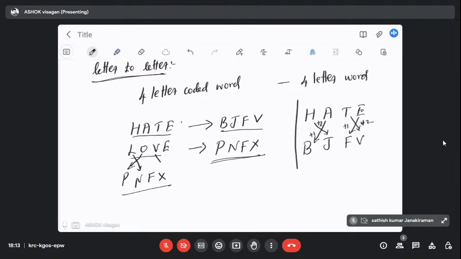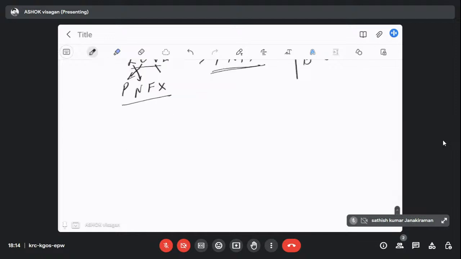So make a note of this one. What I try to mean is, if you are having a 4-letter coded word and they are asking you to find out the 4-letter coded word, it is very easy to find. And sometimes they may ask you for different concepts.